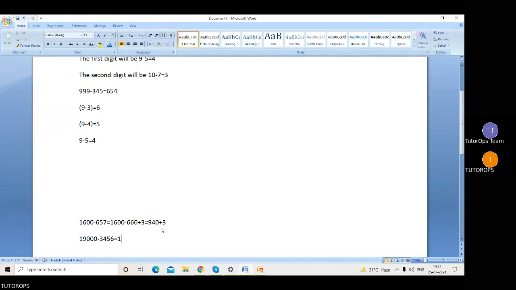So 19,000 minus 3,460 will be very easy, and here we will add 4. So the result will be 15,540. Yes, this method is very easy.